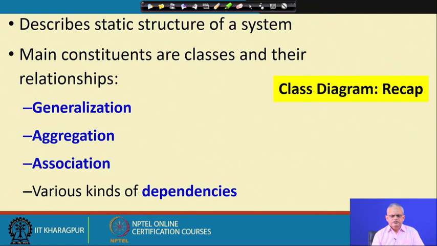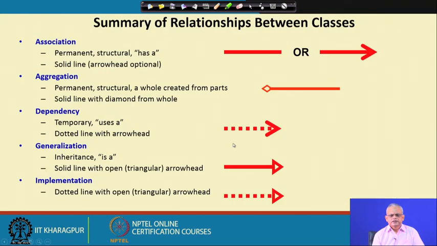The main constituents of the class relations, the different types of class relations, are generalization, aggregation, association, dependency, composition, and we had seen the notations for that. An association typically appears as a verb clause in a statement, and it can be represented by a simple line or an arrow.